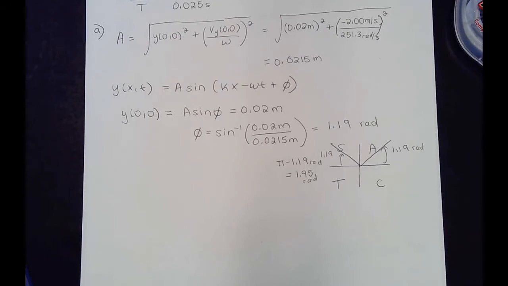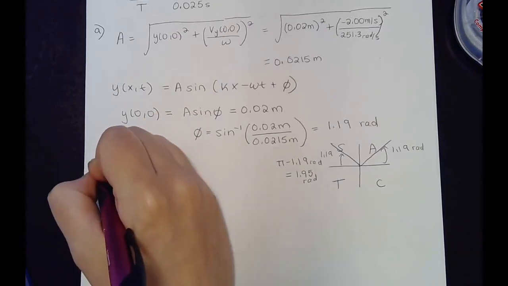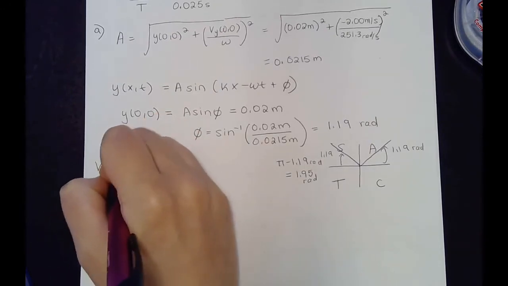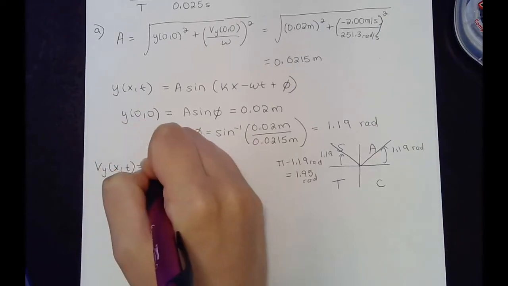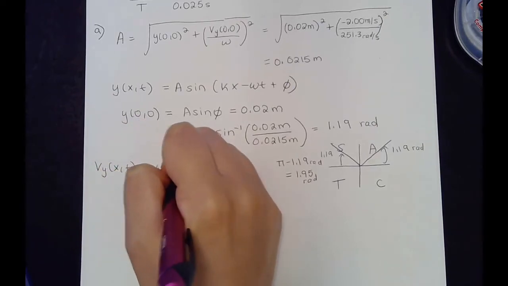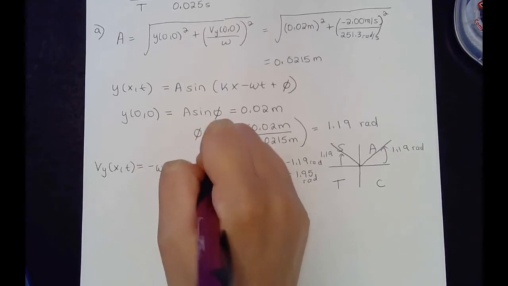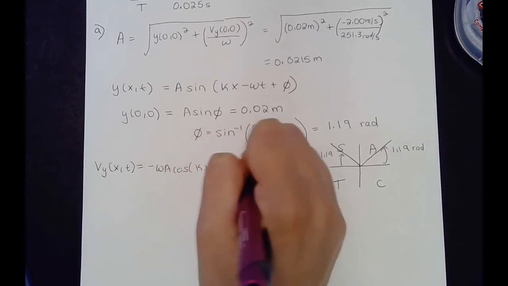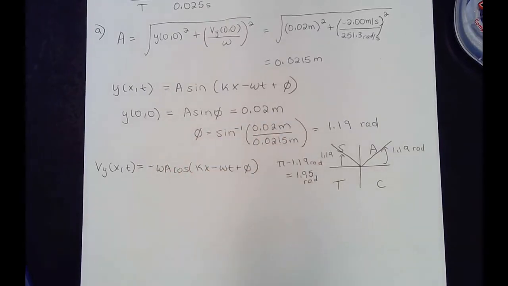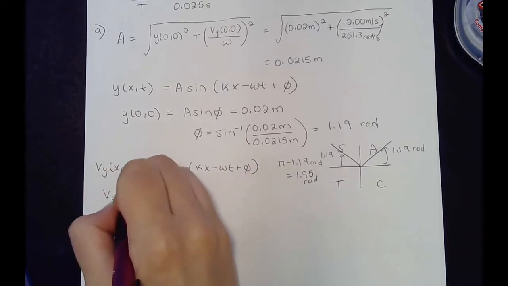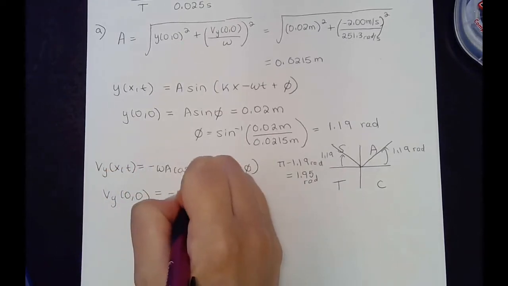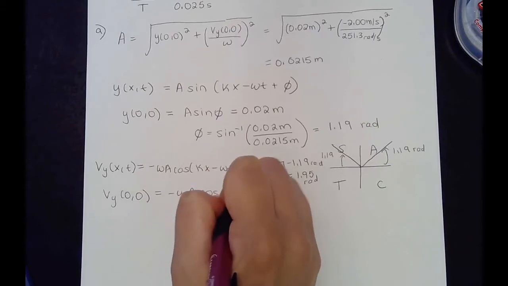When we do this, we can look at the velocities. So taking the derivative, v_y(x,t), as we just did, is negative omega A cos(kx minus omega t plus phi). So the initial velocity at 0,0 is negative omega A cos phi.